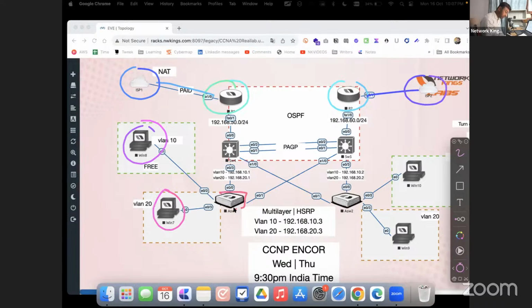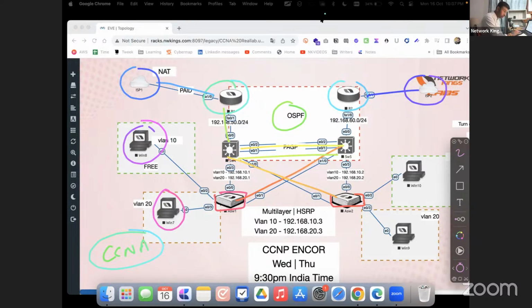This is a switch, and this is another switch. Switches are connected to core switches, and there is a double link here, which is called EtherChannel, link bundling. We are going to learn about link bundling and OSPF. I'm talking about the CCNA level of topics, but after that, we are going to learn a lot of advanced topics also.